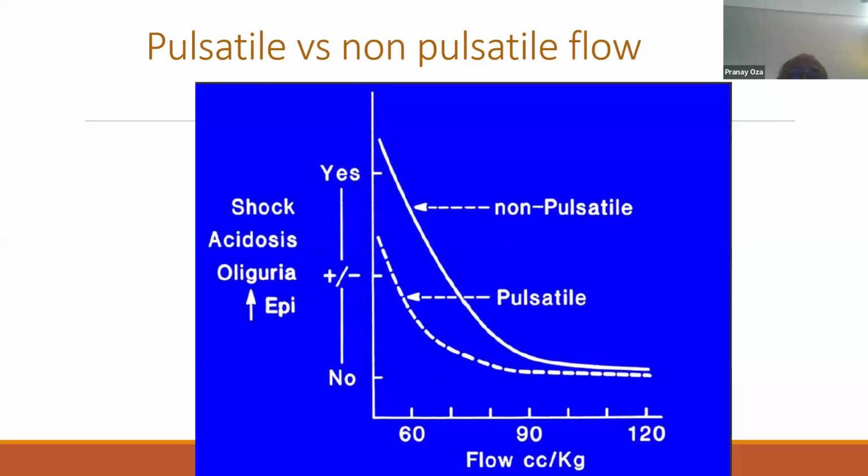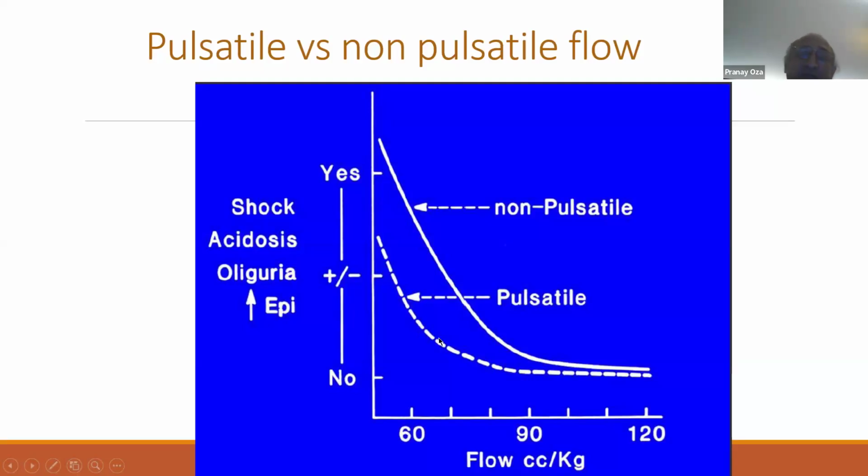But if you see the graph here, the important part is if your flow is adequate, say more than 160 per kg, okay, then there's not much of a difference between pulsatile flow and non-pulsatile flow, and the risk of acidosis, oliguria, and shock remains the same. But if your flow is less, the risk of non-pulsatile flow giving rise to acidosis, oliguria, or hypoperfusion is much more as compared to pulsatile flow.